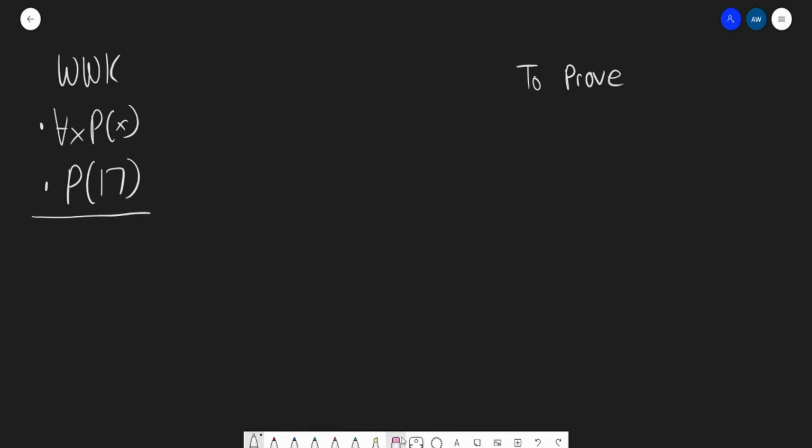And somewhere along the lines, maybe this will be helpful in order to prove something. Now obviously you can't just replace it with any value you want. This has to depend on the universe of discourse. So if you forgot what that means, the universe of discourse is basically the allowed values for x. So is x here supposed to mean all numbers, all vectors, all shapes, all complex numbers maybe?